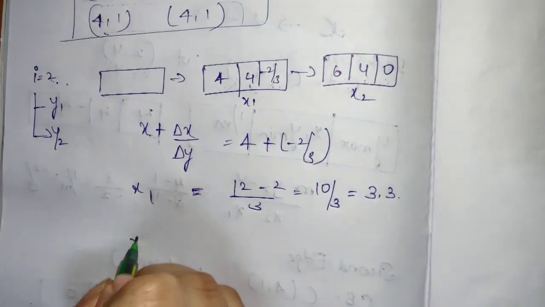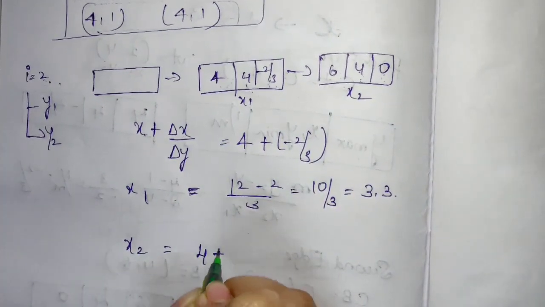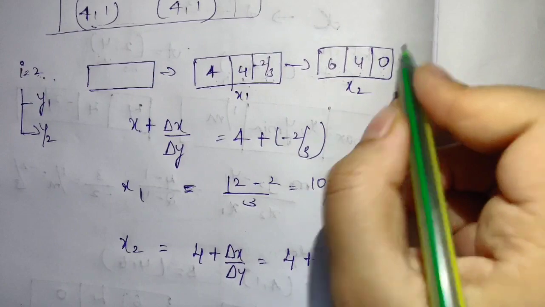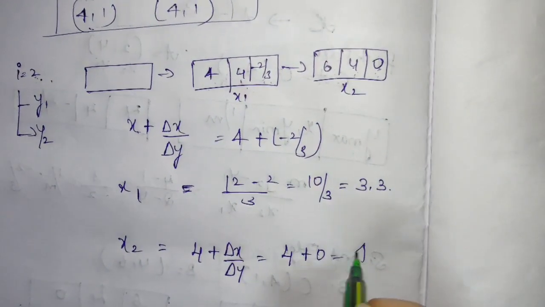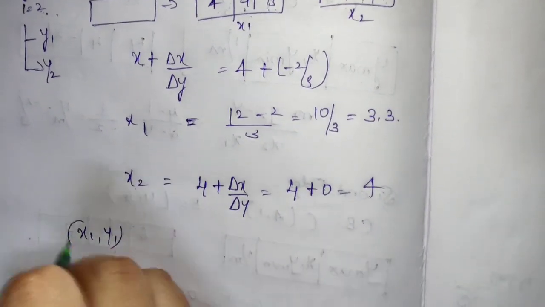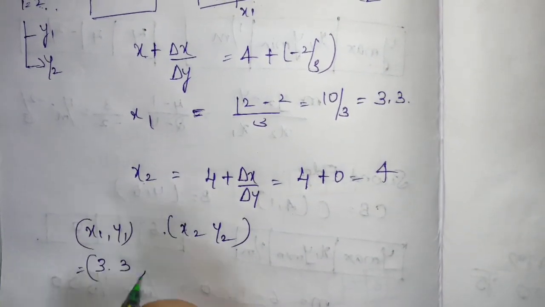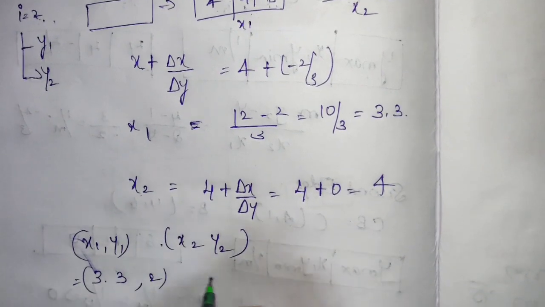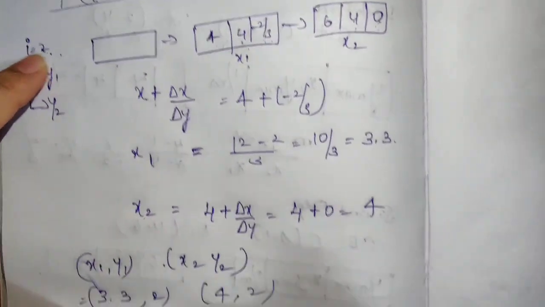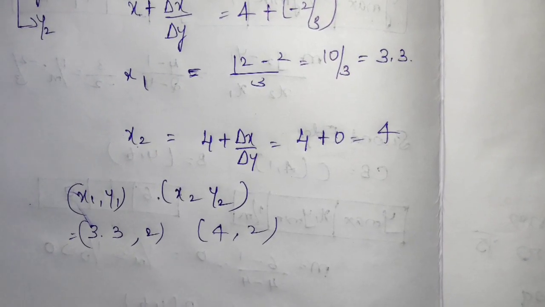The new x2 value is incrementing the value of x with the slope, that is 4 plus del x by del y, and the slope value here is 0. So the new x2 value is 4. So x1 is 3.3, y1 is the same 2. Next x2 is 4 and the y2 value is 2. So this is your new x1, y1, x2, y2 value.